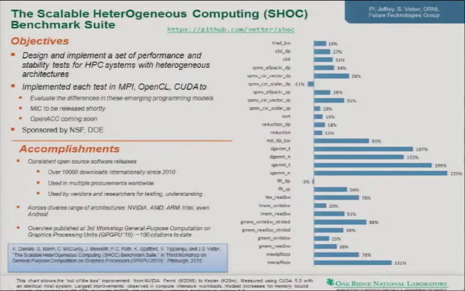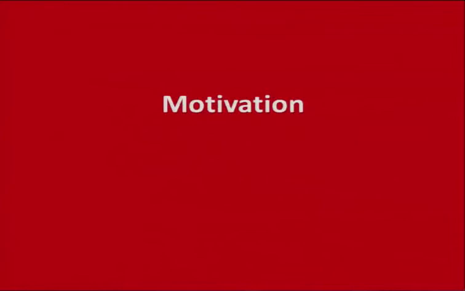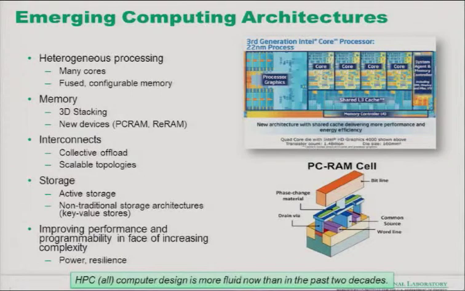So with some of the logistics out of the way, let's start talking about heterogeneous computing. If you look at where we are today in emerging computing architectures, it's quite a different landscape than it has been over the past 2 decades. What I mean by that is we're seeing a lot of interesting features emerge in the commodity computing market. If you just look at the Ivy Bridge chip from Intel lately, which some of you probably have in your laptops, it has a GPU on board that you can program with OpenCL.